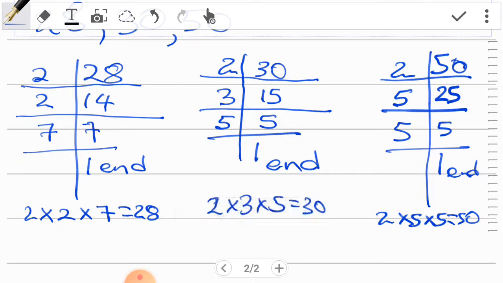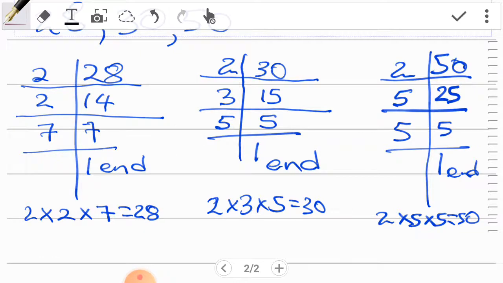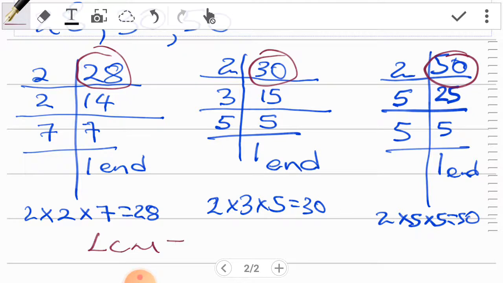So what we're saying now is that these are the numbers that we could put together to get the LCM of all these three numbers. How do we do this?